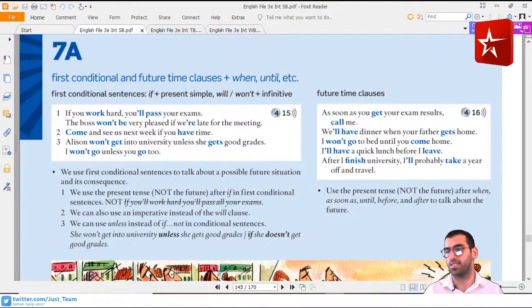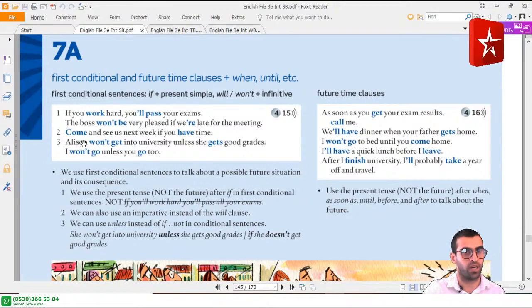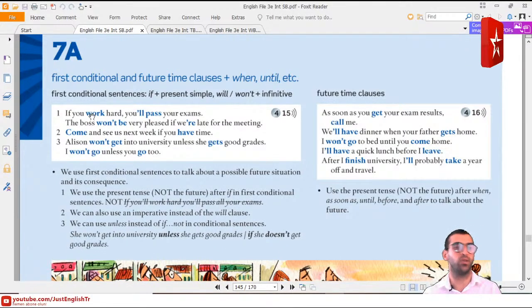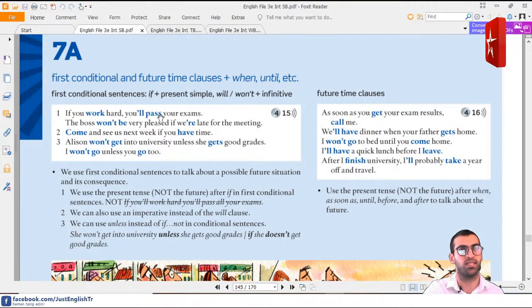The sentence can start with if, or if can come in the middle of the sentence. If you work hard, you will pass your exams. So this one is the if clause and the second part is the main clause.